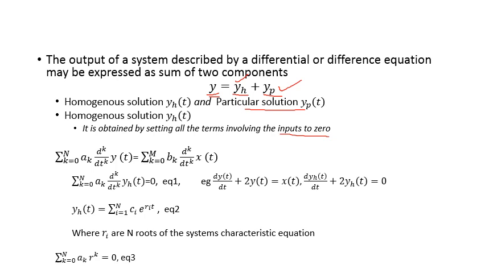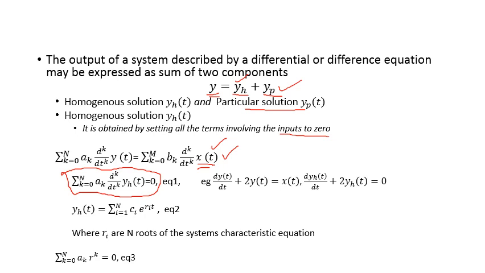If you look at the previous differential equation, here the input is x(t). So if we replace x(t) by 0, we get this equation, which we denote by equation 1.